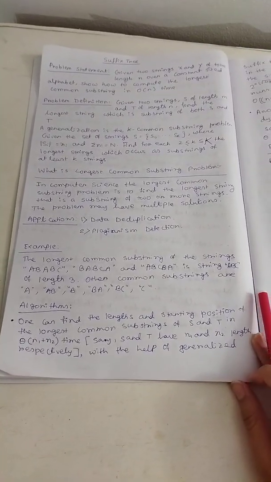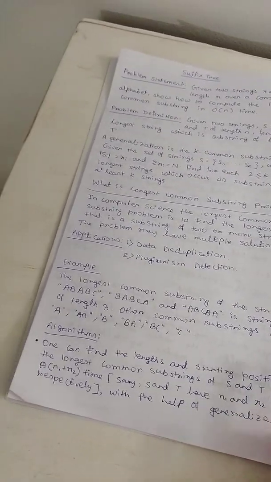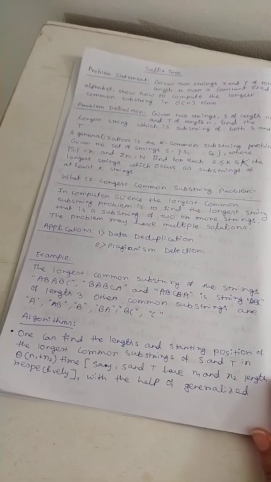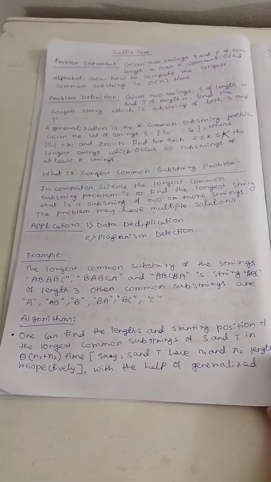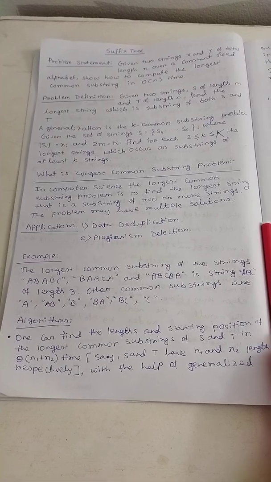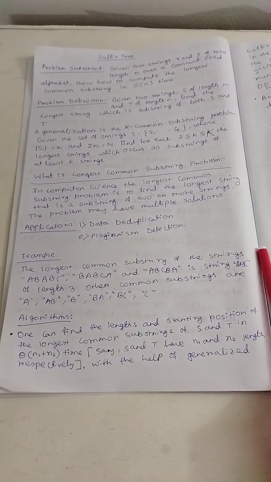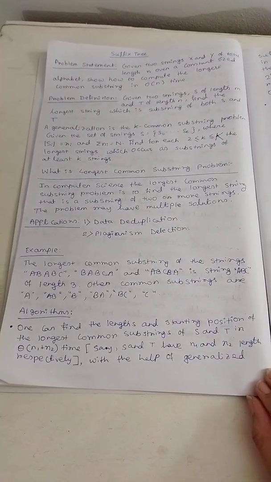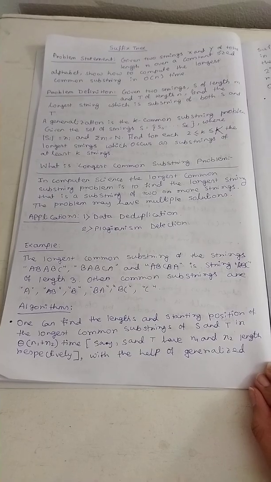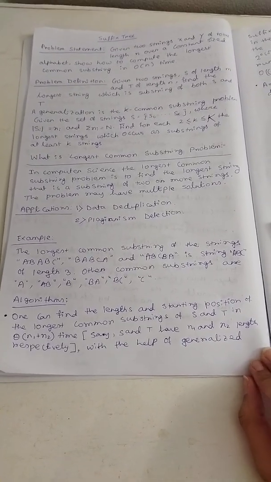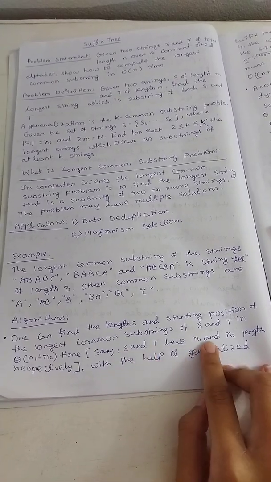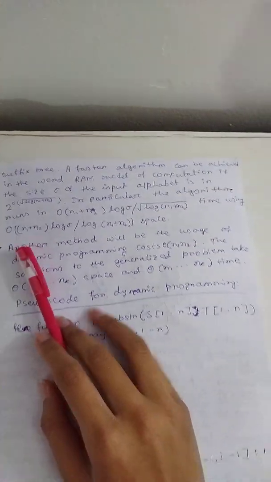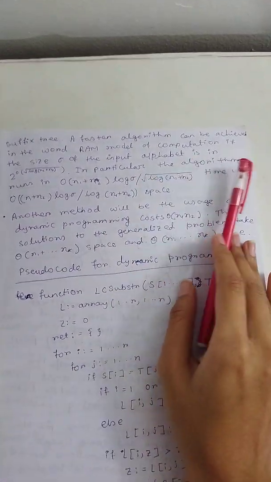Here we can use many algorithms for this problem. The most famous one is the suffix tree, and another one is dynamic programming. One can find the lengths and starting positions of the longest common substrings of S and T in order of n1 plus n2 time, where S has length n1 and T has length n2. With the help of a generalized suffix tree, a faster algorithm can be achieved.